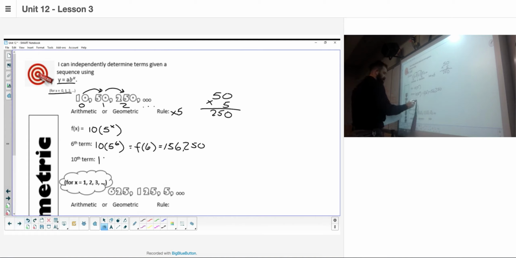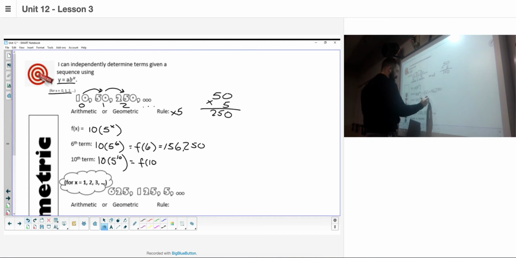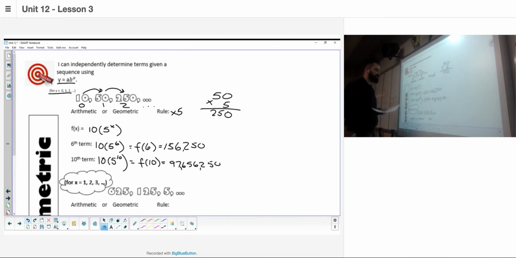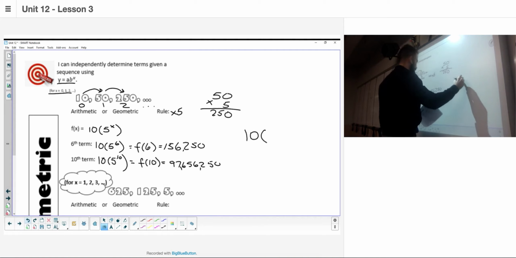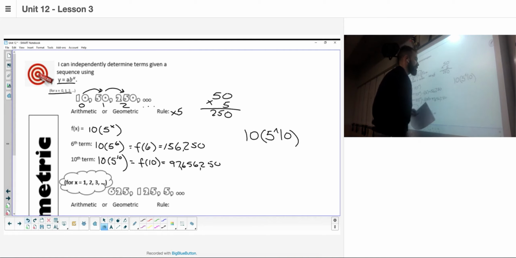Put it in there, f of 10 equals a really big number, 97,656,250. Remember, on calculators, 10 times 5 caret n gives us that answer.